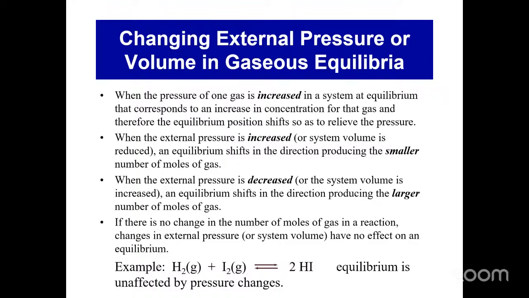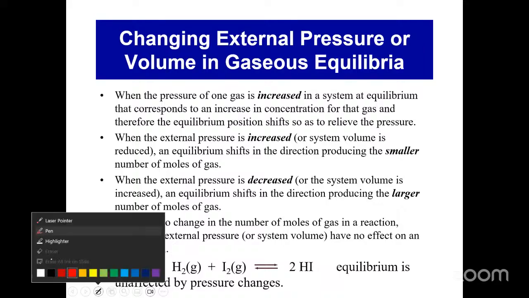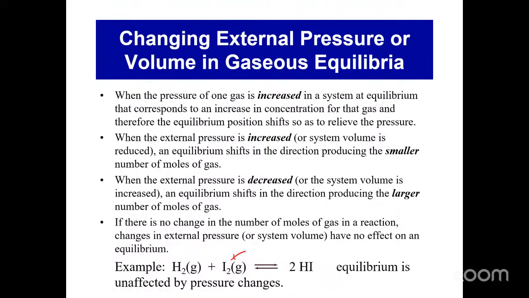So for example, what would happen if you were to decrease, let me write this down, the concentration of iodine? How will the system respond? It will shift to the left, right? So therefore, the concentration of HI would decrease, and the concentrations of H2 and I2 would increase, all right?